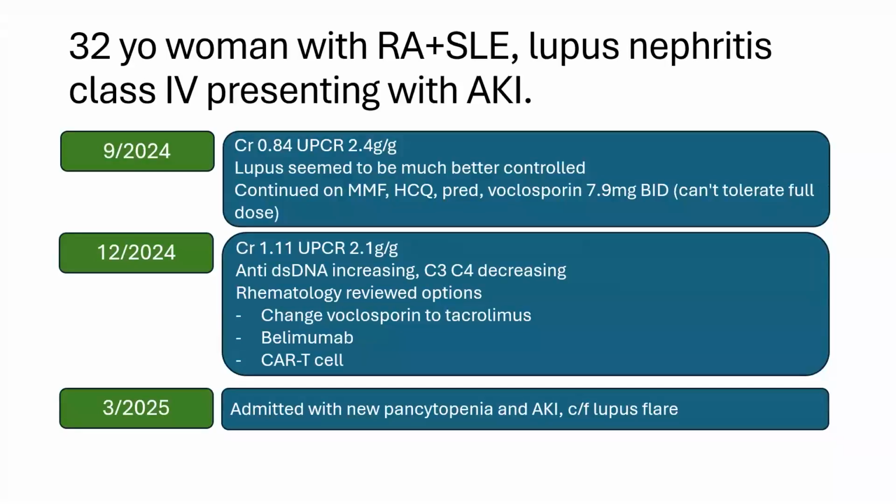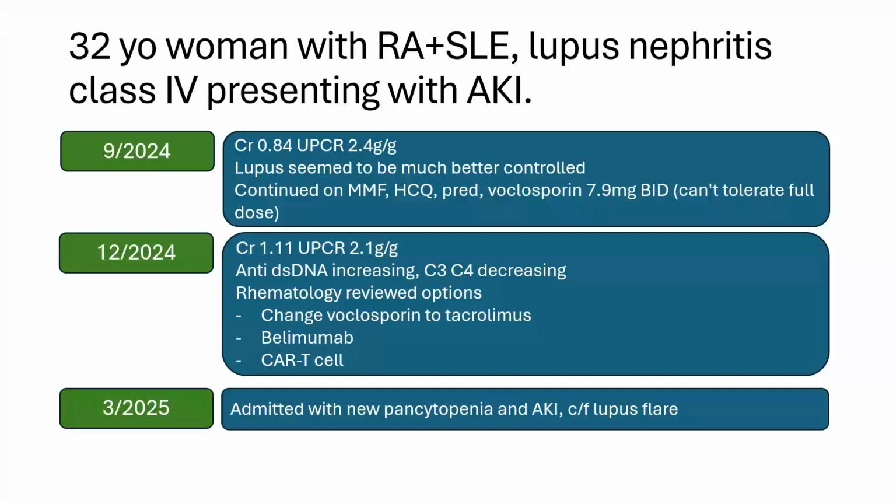She finished the Euro-Lupus protocol in May, and by September, her creatinine was down to 0.8 and urine protein creatinine ratio decreased to 2.4. Her overall symptoms seemed to be better controlled, and she was maintained on the above therapies plus voclosporin.